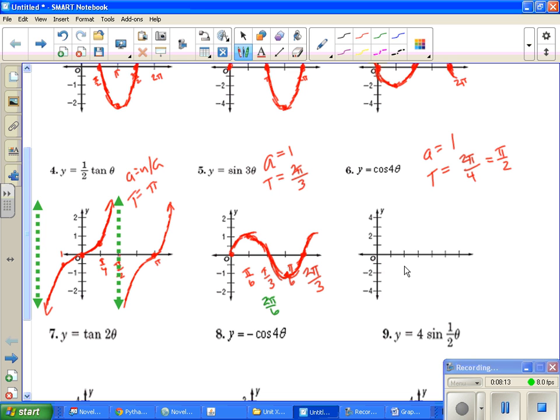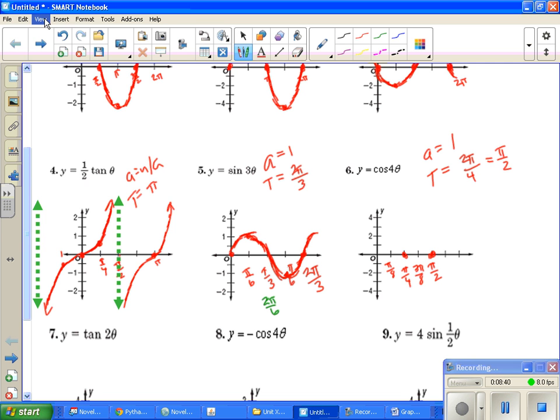So what I'm going to do is go right here, label that pi over 2. So cut that in half, that makes this pi over 4. Cut that in half, that makes this pi over 8. And halfway between, this is like 1/8, 2/8, here's 3/8.